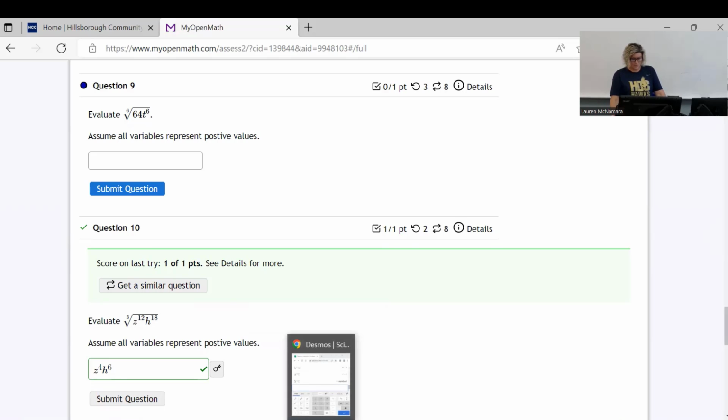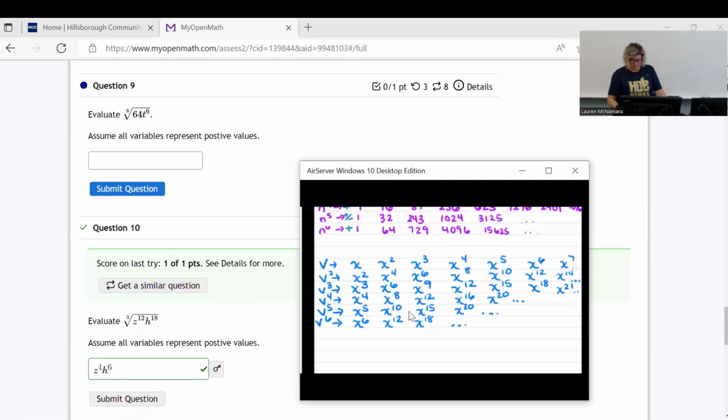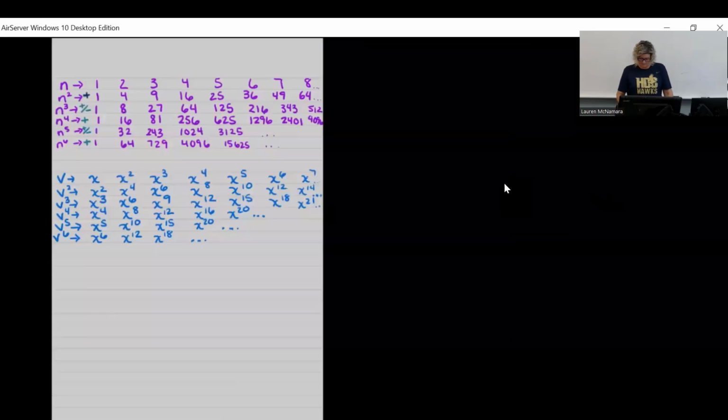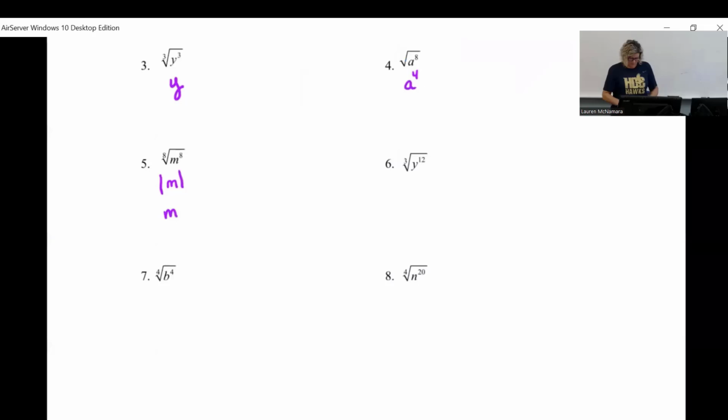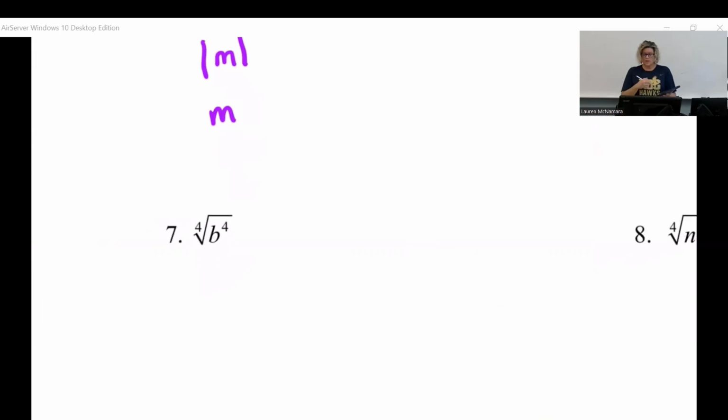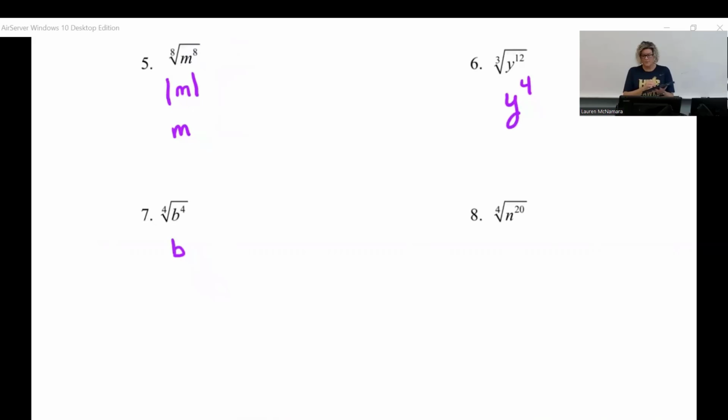All right, so let's just go ahead and finish up our worksheet here. The cubed root of y to the 12th is going to be y to the 4th. The fourth root of b to the 4th is going to be b. It's the absolute value of b, but we're just going to write b.